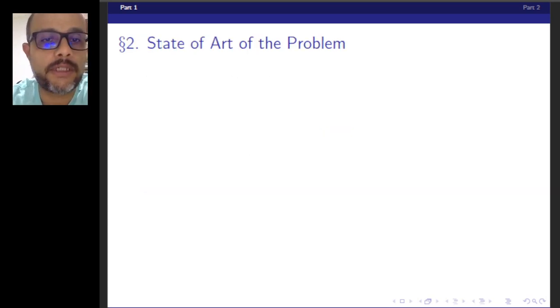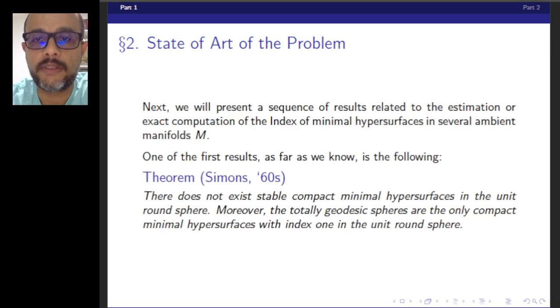Now, I will recall some important results in the literature about estimations or computations of the Morse index of a minimal hypersurface in some interesting manifolds M. The first one is a beautiful result of James Simons.